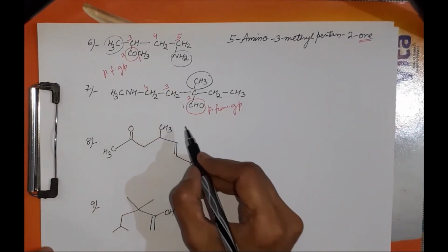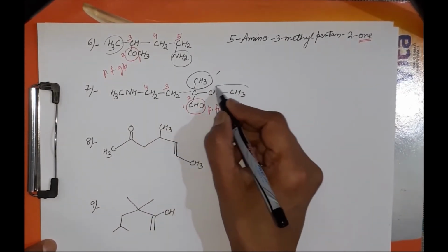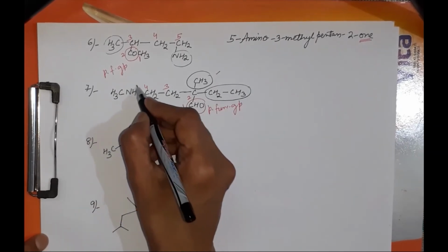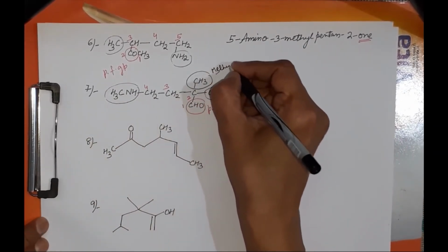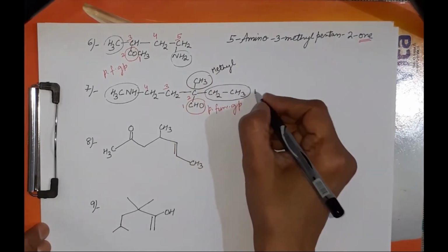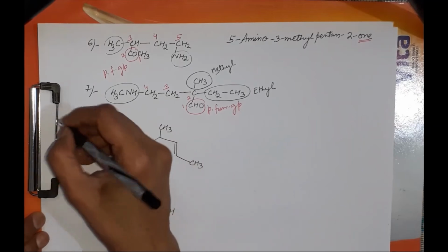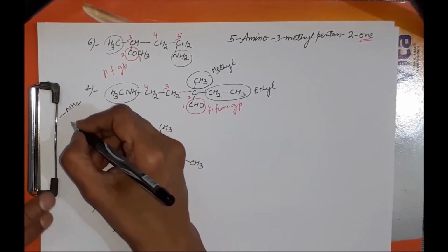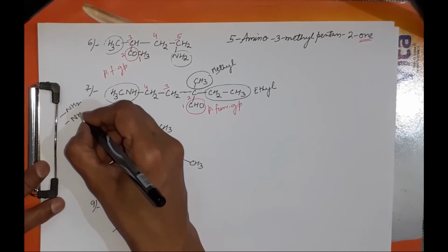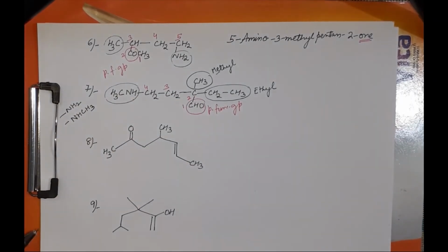So a 4 carbon atom parent chain is there. This is one substituent, this is the second substituent, and this is the third substituent. This is the methyl group, this is the ethyl, and this, because we know NH2 is the amino group, and here one H in this NH2 is replaced by CH3 group.